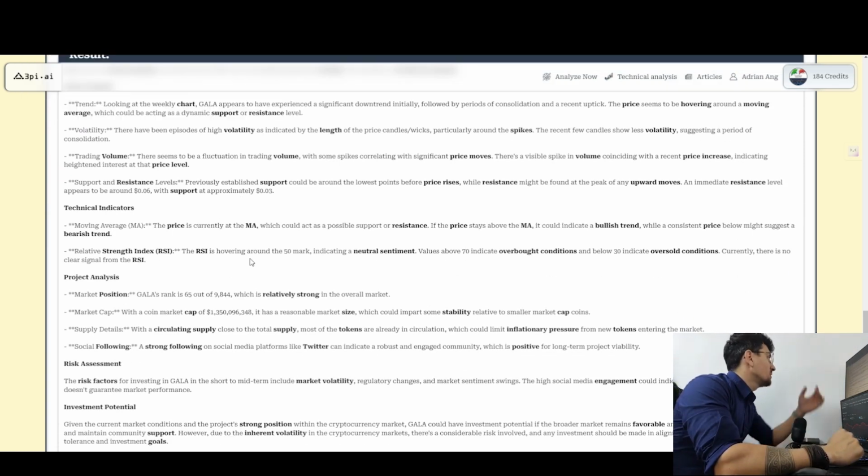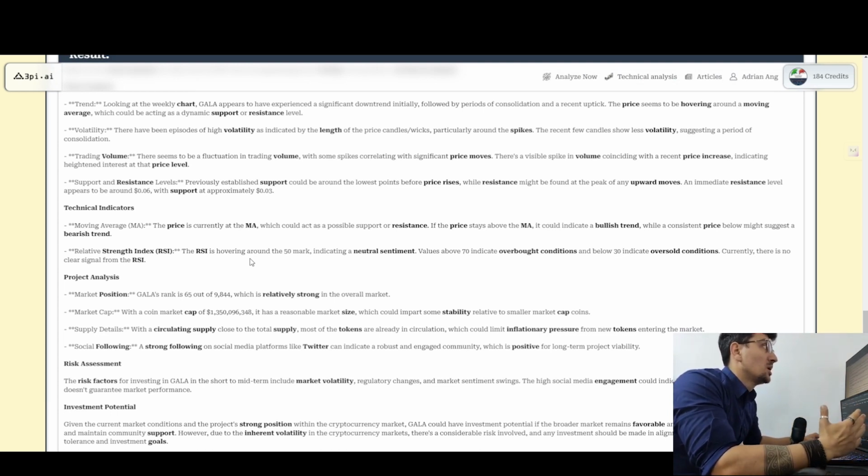Let's see, trend. Looking at the weekly chart, Gala appears to have experienced a significant downtrend initially, followed by periods of consolidation and a recent uptick. The price seems to be hovering around the moving average, which could be acting as a dynamic support or resistance level. Volatility. There have been episodes of high volatility as indicated by the length of the price candle wicks, particularly around the spikes.